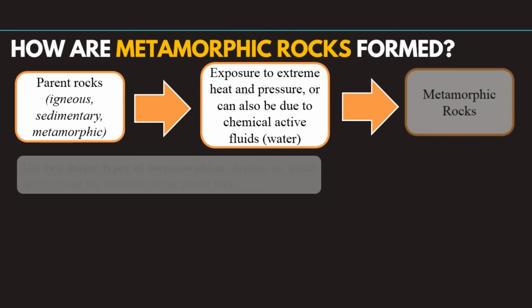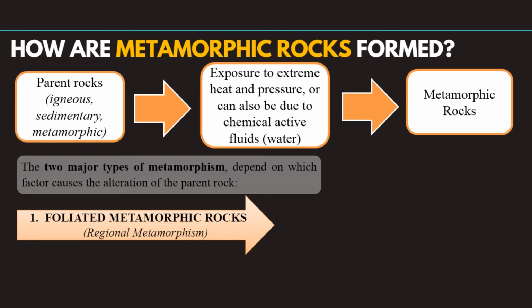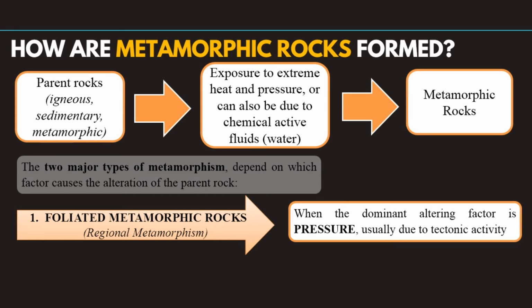This type of rocks has two major types, depending on which factor causes the alteration of the parent rocks. First type is the foliated metamorphic rocks, or also known as regional metamorphism. These foliated metamorphic rocks are formed when the dominant altering factor is pressure, usually due to tectonic activity.